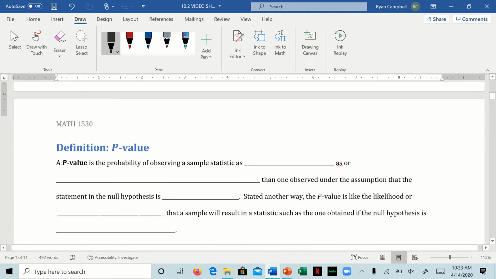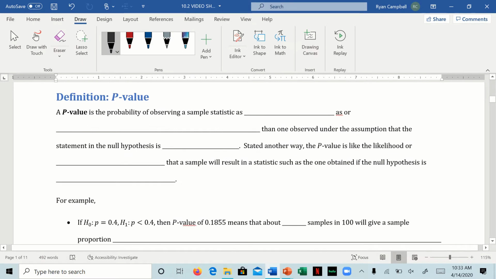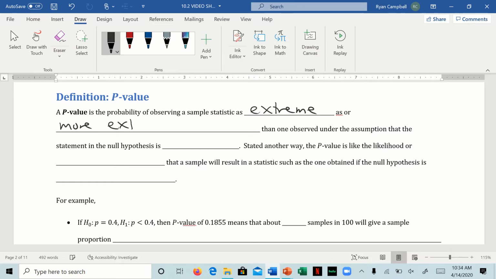All right, let's talk a little bit more about what a p-value is. So remember, the p-value is the probability of observing a sample statistic as extreme as, or even more extreme, than one observed under the assumption that the statement is true for the null hypothesis, right? So basically, we're trying to get an unlikely p-value.